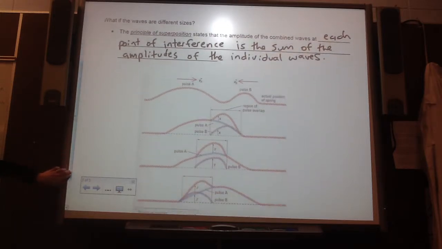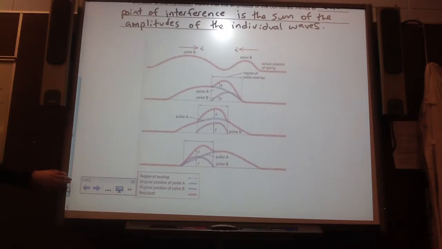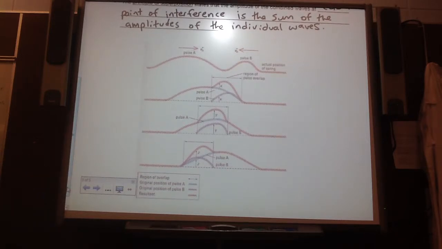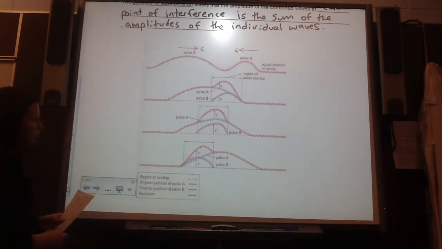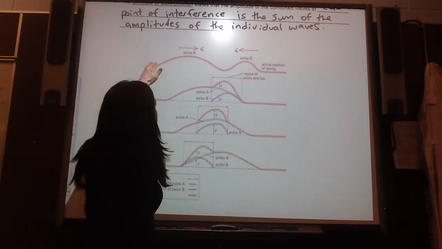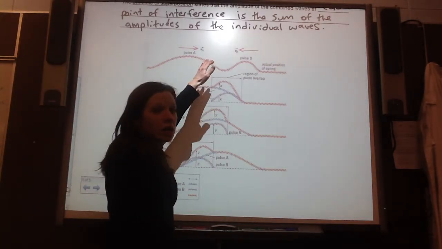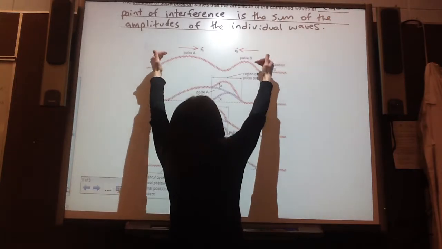Now, if you have different color highlighters or different color pens, take them out right now, and we should draw in the different colors so that you can actually see them on your diagram as they are here. So say we have pulse A or wave A coming in and we have pulse B coming in.